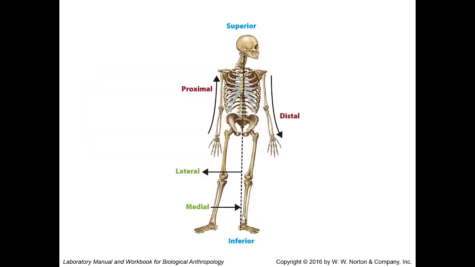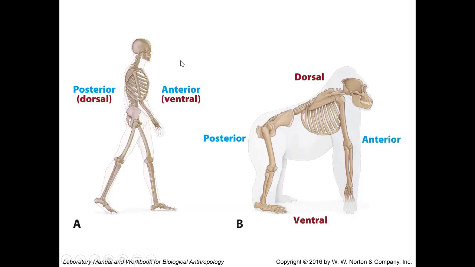So again, right, superior up, inferior down, medial is closer to the midline, lateral is moving away from the midline, proximal is closer to the trunk, distal is away from the trunk, right? And then lastly, dorsal ventral.